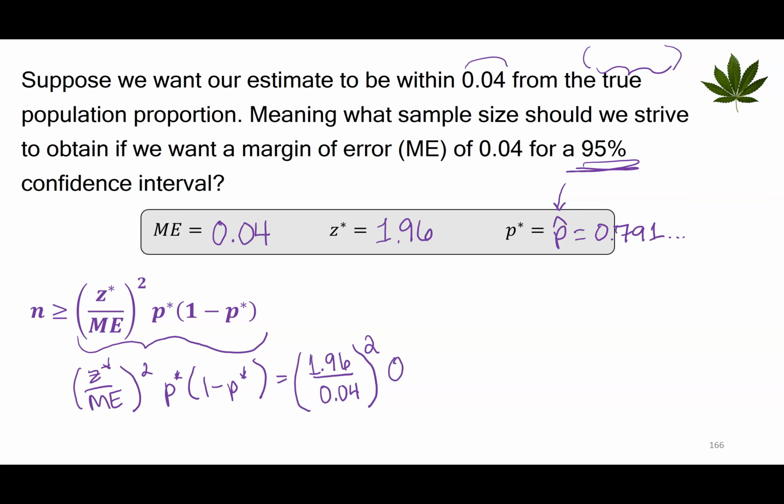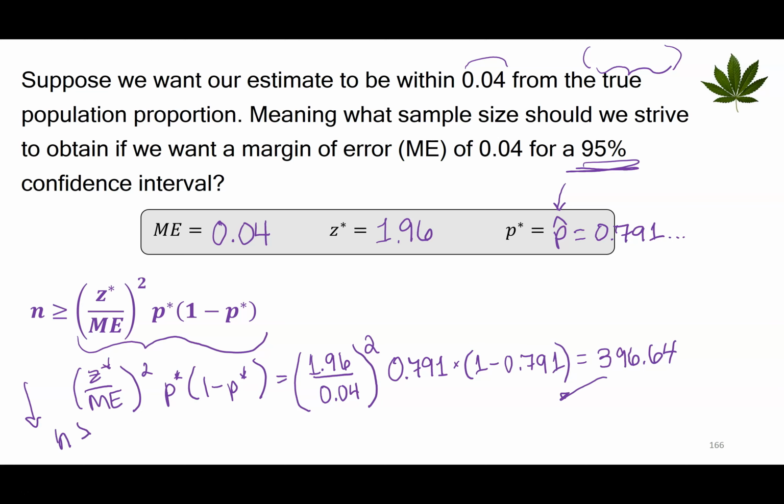So then times 0.791. I mean, I kept going. I did exact. But if you round a little bit, that's okay. 1 minus that. I end up getting something like 396.64.